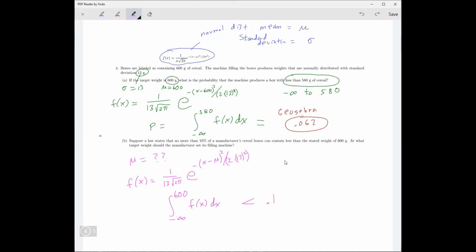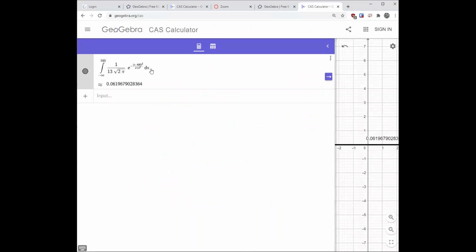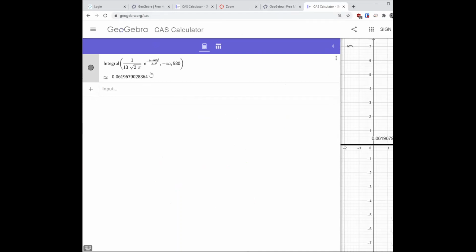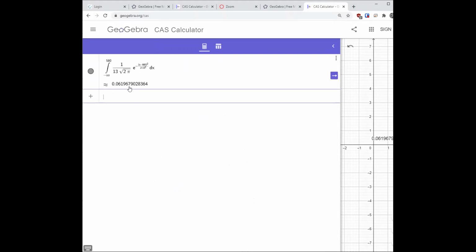Okay, so I'm going to go back to GeoGebra and try to put that in there. Okay, so let's see, what did I say? Let me just copy that whole thing. Okay, copying didn't work.